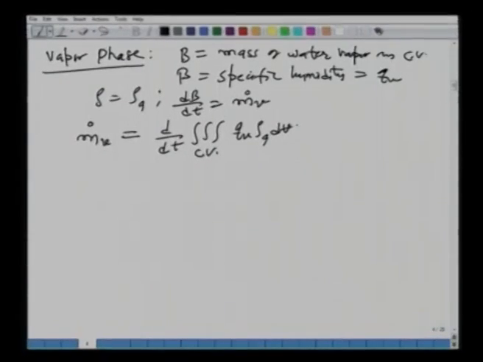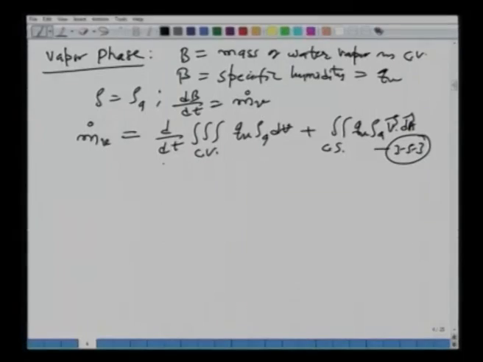So, qv rho A dV plus over the control surface of your beta rho A and V dot dA. Let me number this as 3.5.3. So, all we have done is we have written the Reynolds transport theorem continuity equation for the vapor phase in the evaporation pan, which is your control volume. Now, which term will be 0?